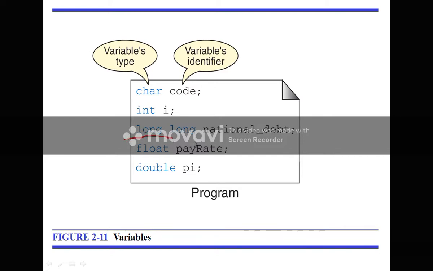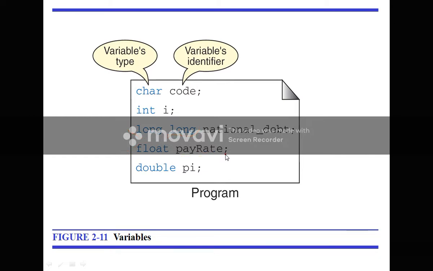Next is long national debit. So national debit is in crores, or in 1,000 crore value. So that is a large value. To store that type of value we are using the long data type. Next is float pay rate. So pay rate has a decimal value.